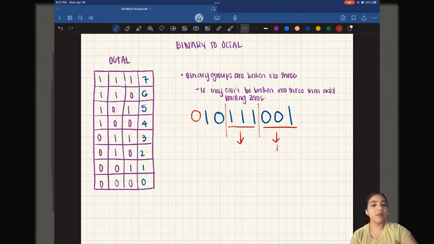So the 001, we look at our octal table and see that is the same thing as a 1. The binary number 111, we look over at our table, that's a 7. And then the binary number 010, that is a 2. So that will be our octal number, 271.